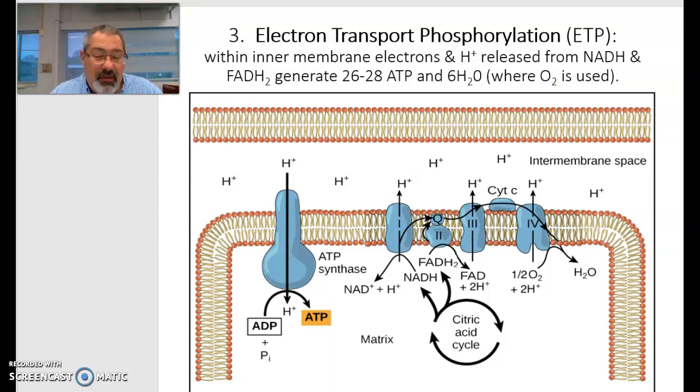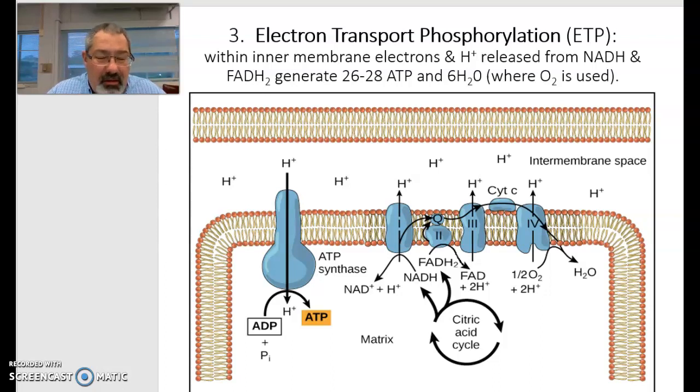They flow through an enzyme called ATP synthase, and the energy that is produced by this movement of these hydrogen ions is enough to actually cause a bond to form between ADP and inorganic phosphate. So you see the production of ATP.